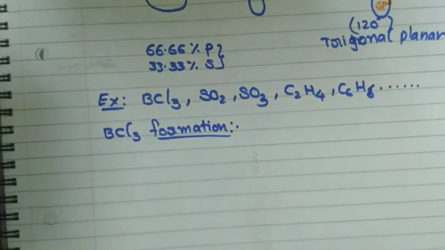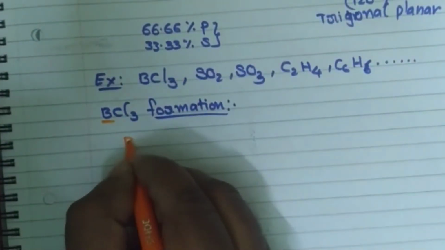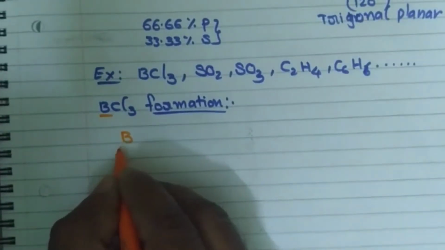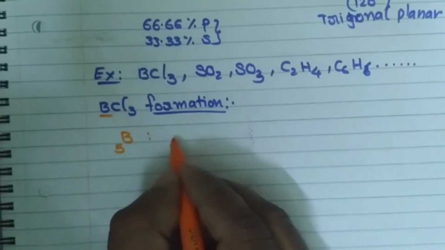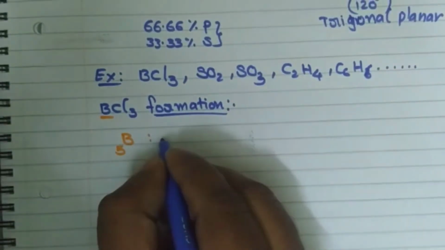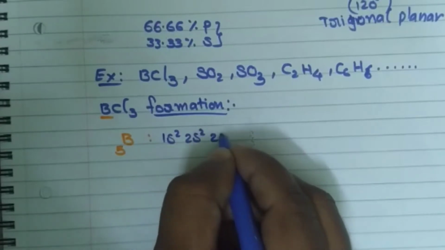Here the central atom is boron. The atomic number of boron is 5. The ground state electronic configuration is 1s2, 2s2, 2p1.